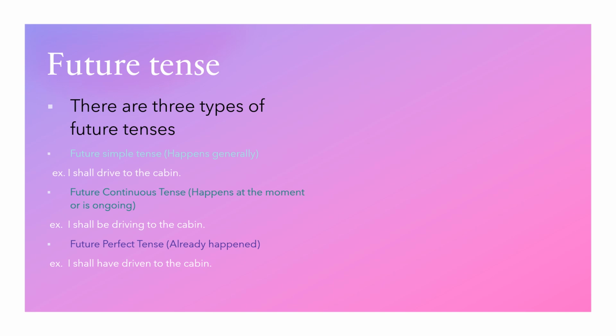But when you focus on the verb drive, you can see the action is very general. It's something that happens a lot. You might have done the activity, or you might have experienced the activity, or you might have seen the activity happen. So that's how you can identify if something is simple tense, no?